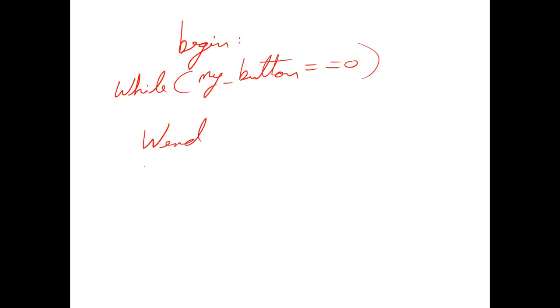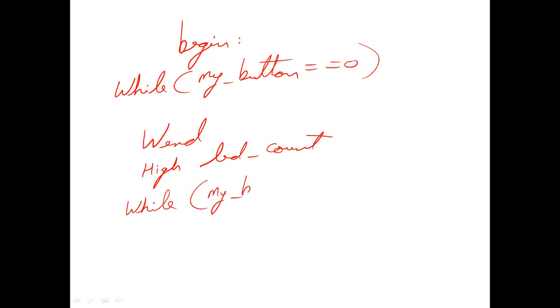And here I can write HIGH LED_count. So this will make the LED_count variable high, right? Again, I can use the while command here. WHILE my_button equal to 1, WEND.